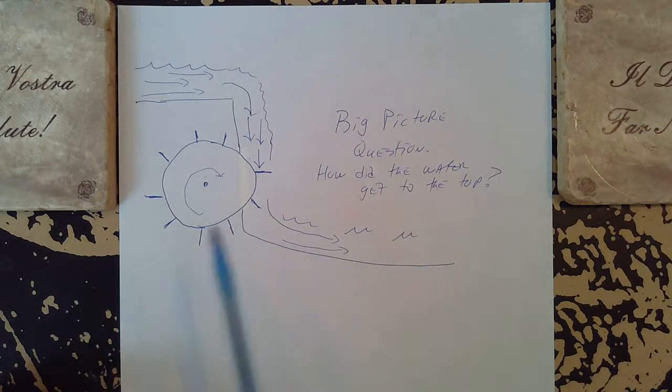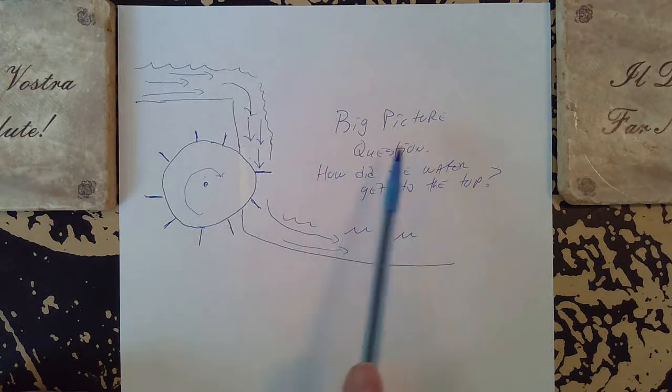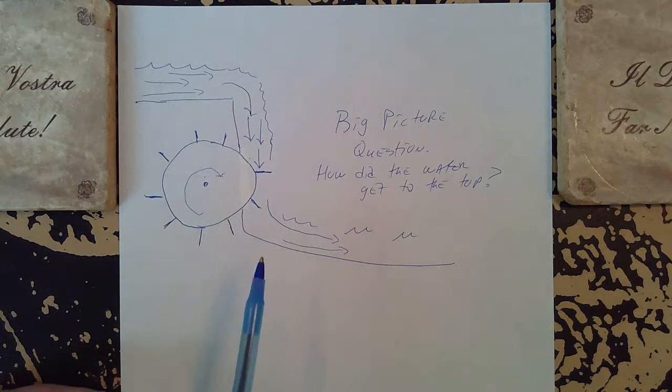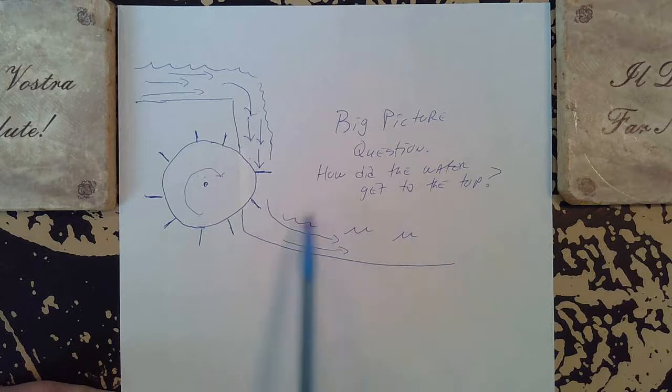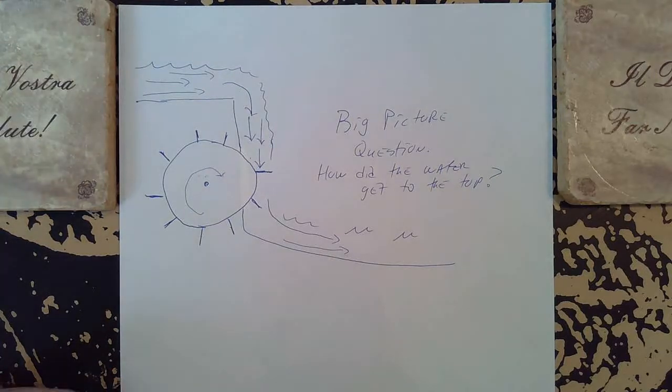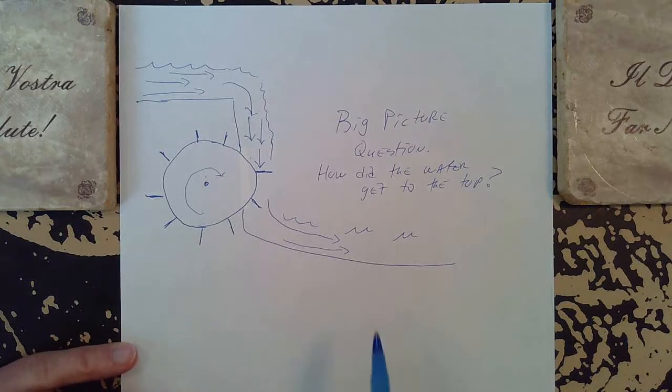So one of the big ideas that comes from this kind of setting or scenario is, how did the water get up here to begin with? And this is one of those things where the earth is a very interesting system.